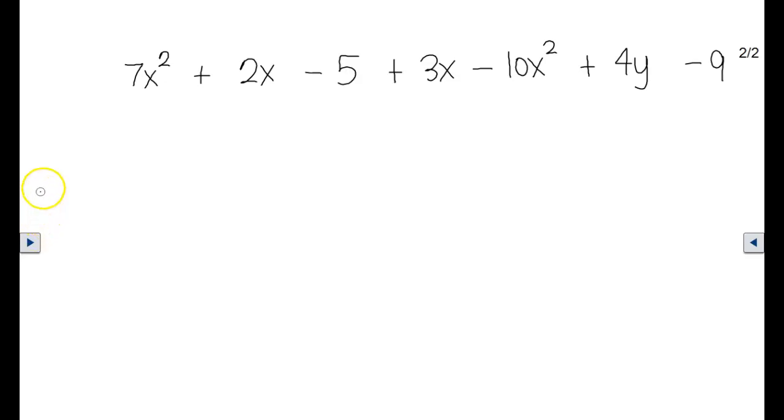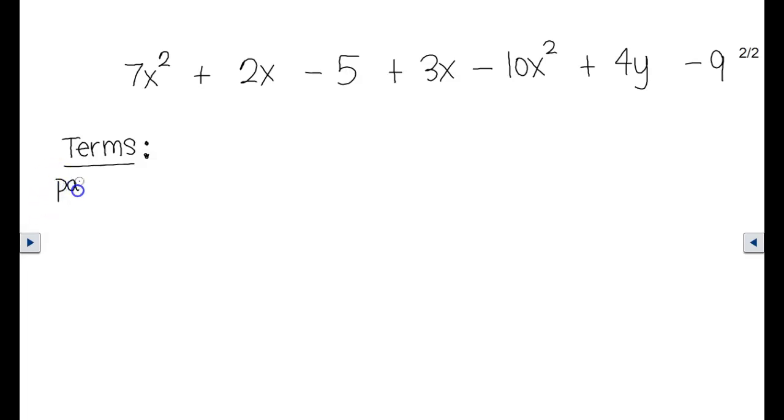Now, we are going to be using this word quite a bit. Terms. Okay? And here's what I need for you to know about this word. You need to make sure you understand its definition.